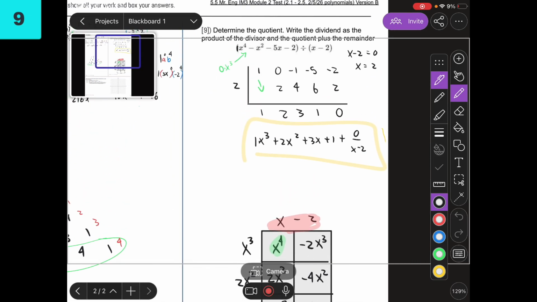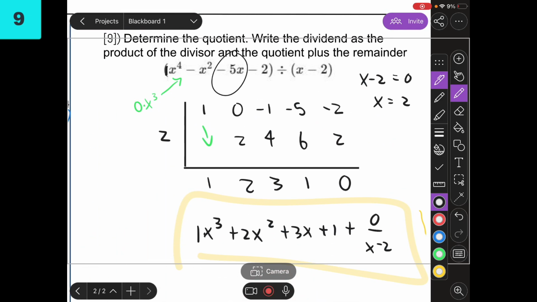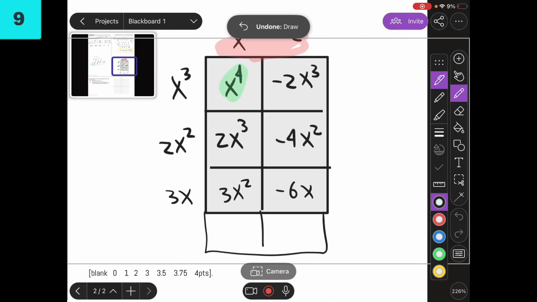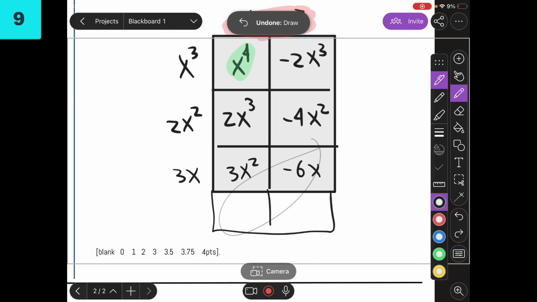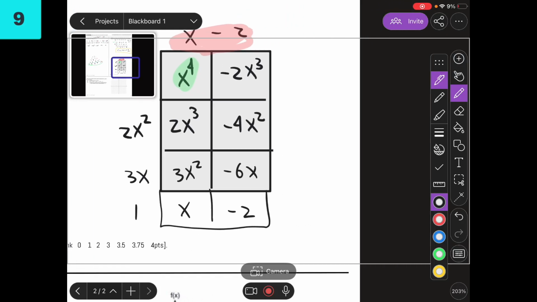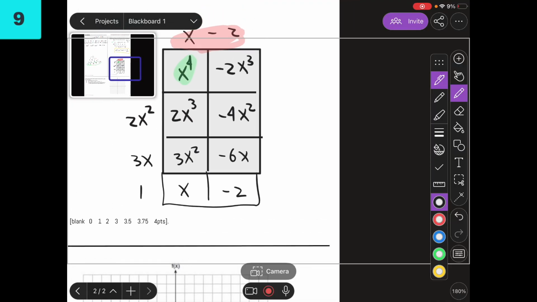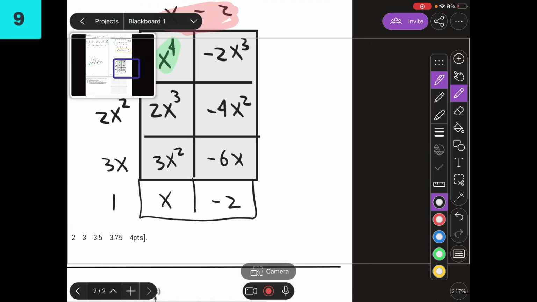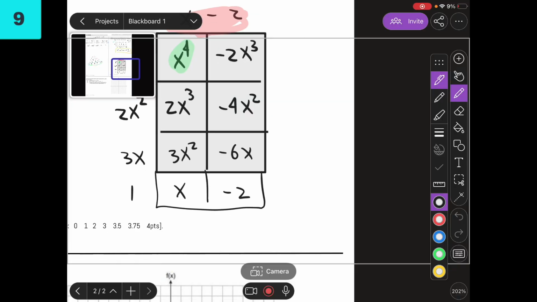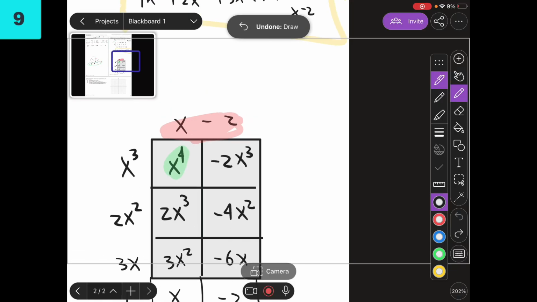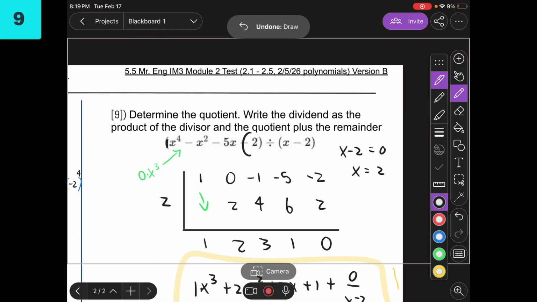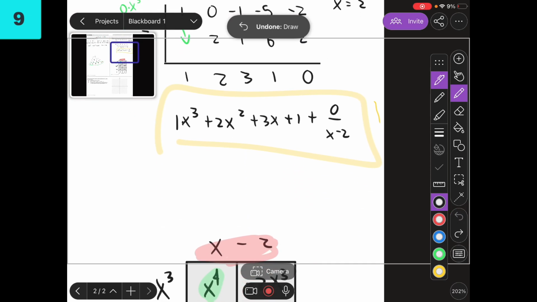I have to extend this box a little bit more. And lastly, I have to add up to -5x. So these diagonals add up to -5x, which means that this is positive x, which means that this is 1 and this is -2. And which means that my remainder, if you notice, this last term should match this last term, which means that my remainder is actually 0.